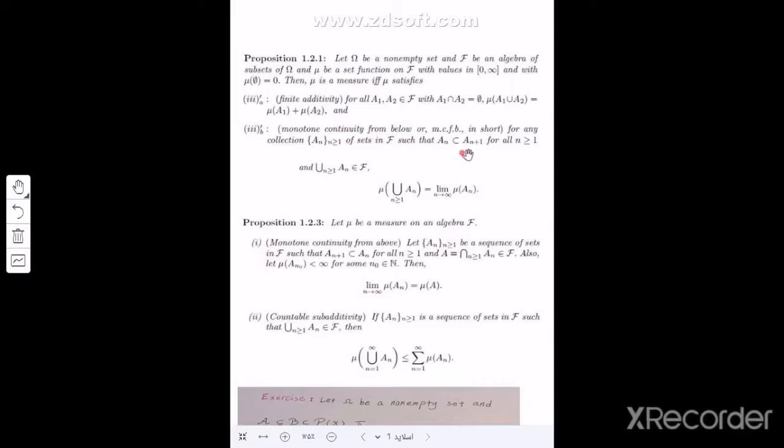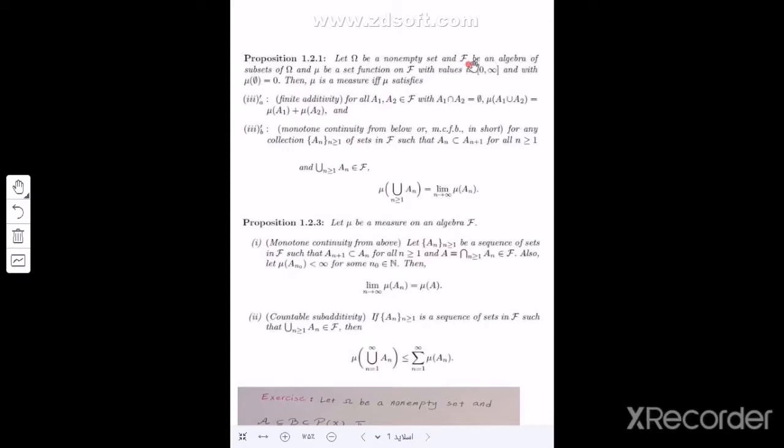A1 is a subset of A2, A2 is a subset of A3, A3 is a subset of A4, and so on. For An with this property and with this condition, if F here is an algebra; if F is a sigma algebra, you can remove this condition.